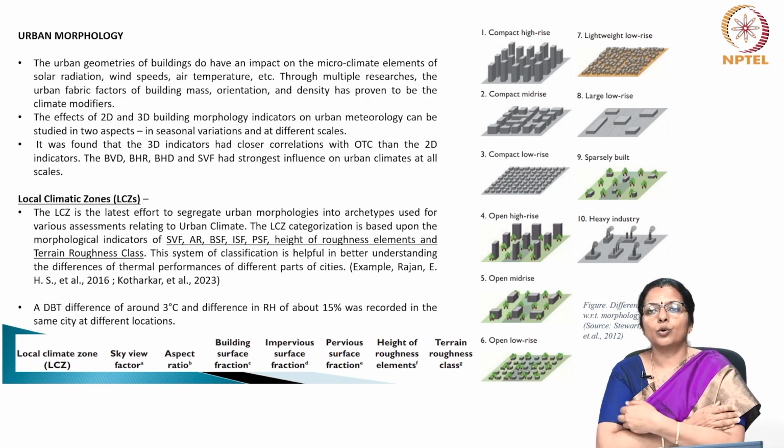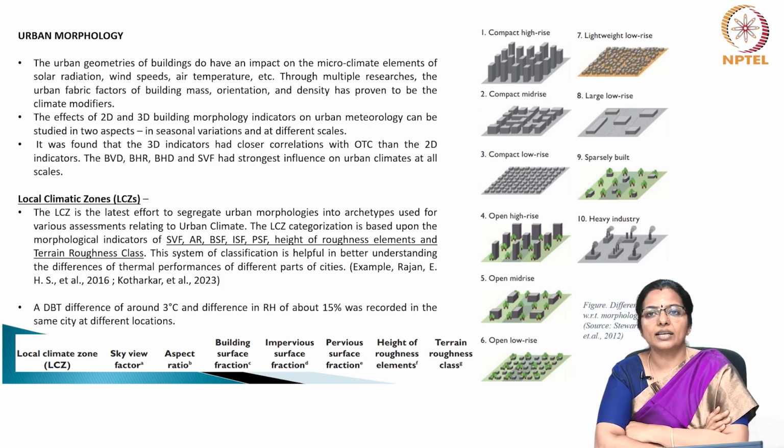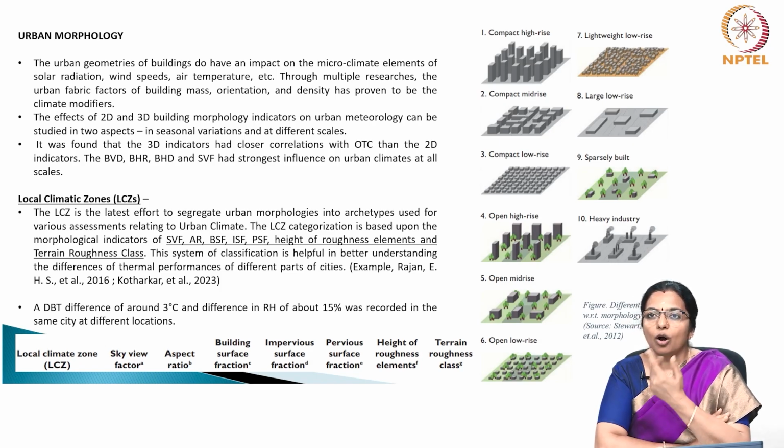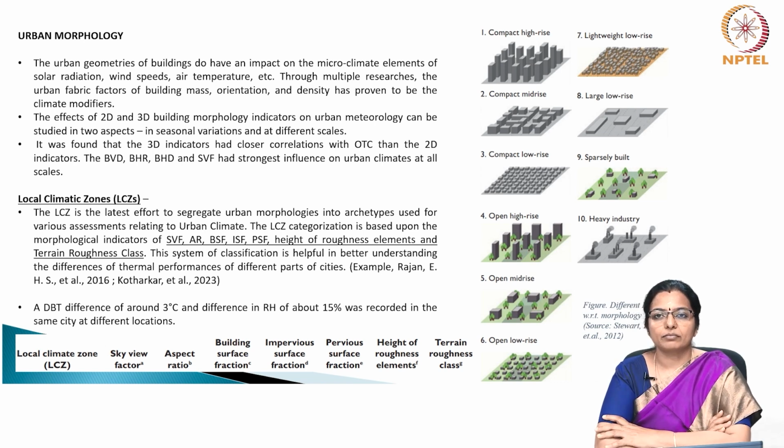The effects of 2D and 3D building morphology indicators on urban meteorology can be studied in two aspects, in seasonal variations and at different scales. It was found that the 3D indicators had closer correlations with outdoor thermal comfort than the 2D indicators.